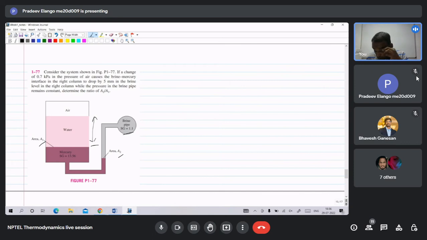Now it is given that when there is a 0.7 kilopascal change in the pressure of the air, we see a drop of 5 mm in the brine level in the right column.